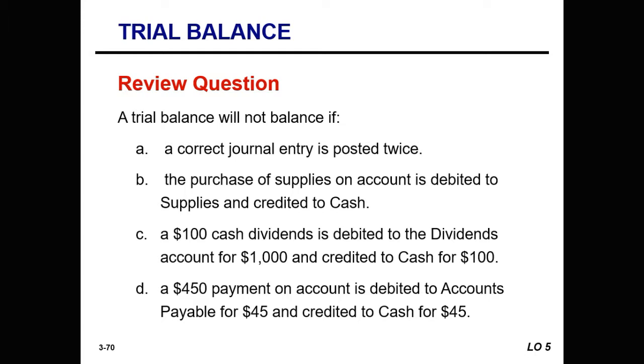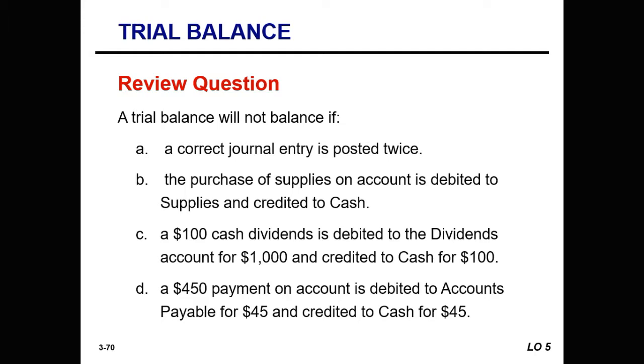If a $100 cash dividend is debited to dividends account for $1,000 and then credited to cash for $100? Or is it when a $450 payment on account is debited to accounts payable for $45 and credited to cash for $45?